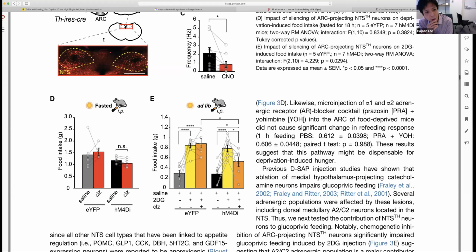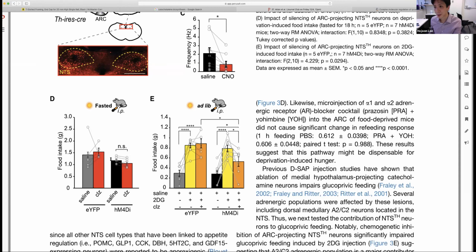If we try to psychoanalyze the researchers here, you would expect from the previous figures that if you inhibit the activity of these NTS neurons that project to the arcuate nucleus, then perhaps you're going to see this effect that you see in E just by fasting the animals.